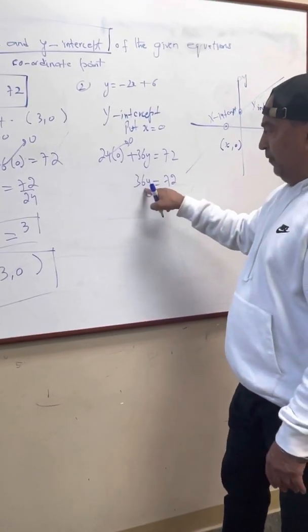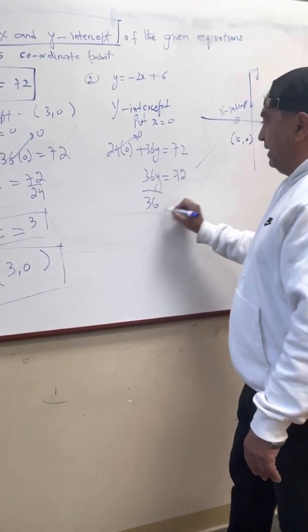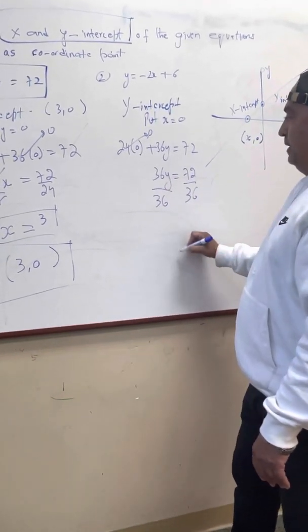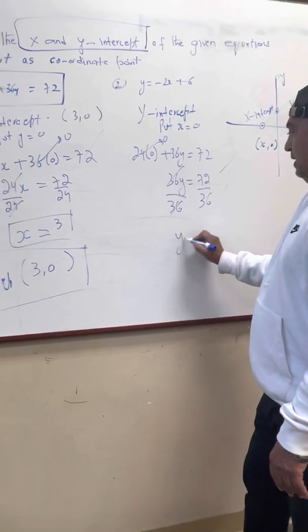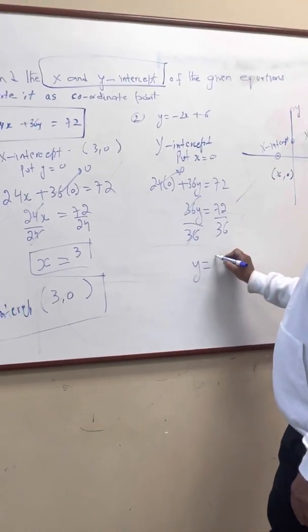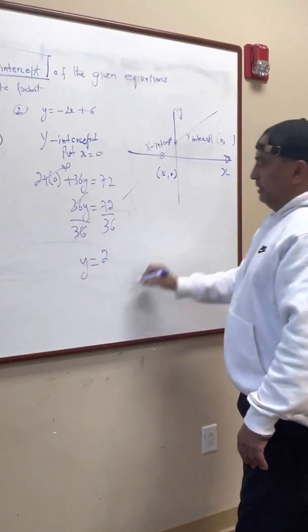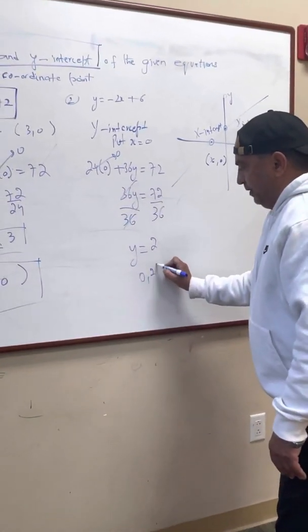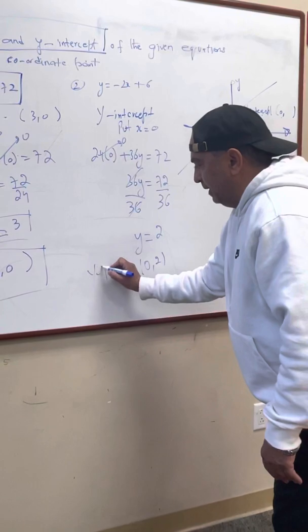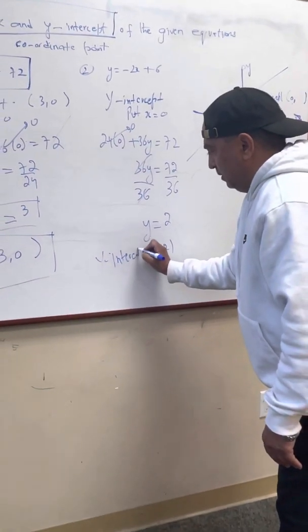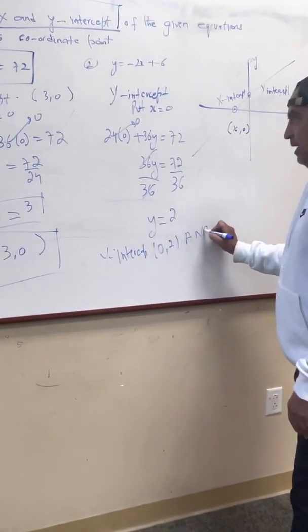In order to get the value of y, we divide by 36 on both sides. 36 cancels, and 72 divided by 36 is 2. When we have a y-intercept, the value of x is 0, so 0 and 2, that's my y-intercept. That will be your answer.